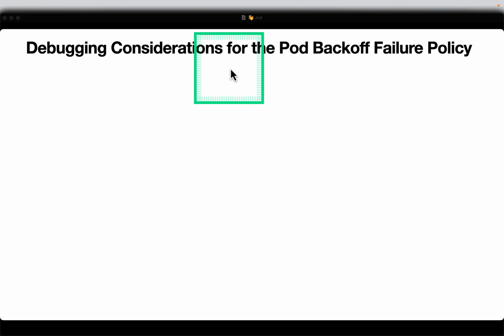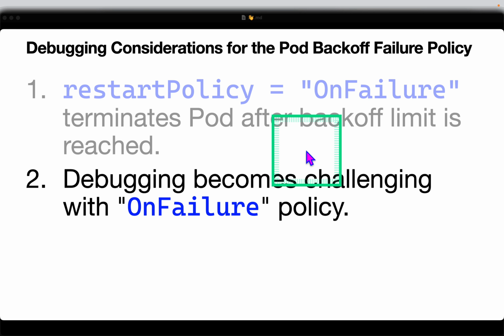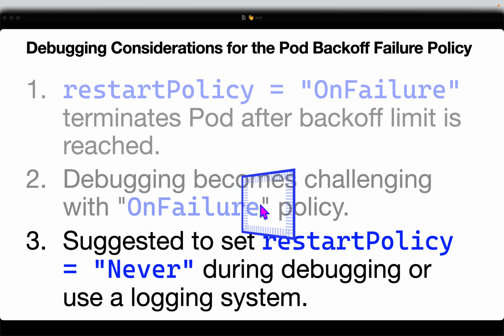Debugging considerations for the pod backoff failure policy. If your job has the restart policy set to OnFailure, note that your pod running the job will be terminated once the backoff limit has been reached. This termination can make debugging more difficult, as it interrupts the runtime environment and potentially the reproduction of the issue.